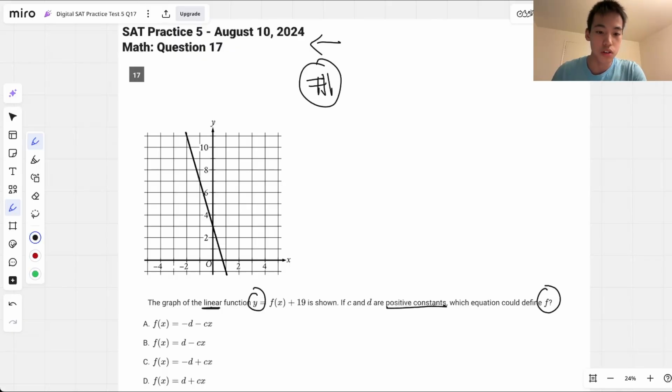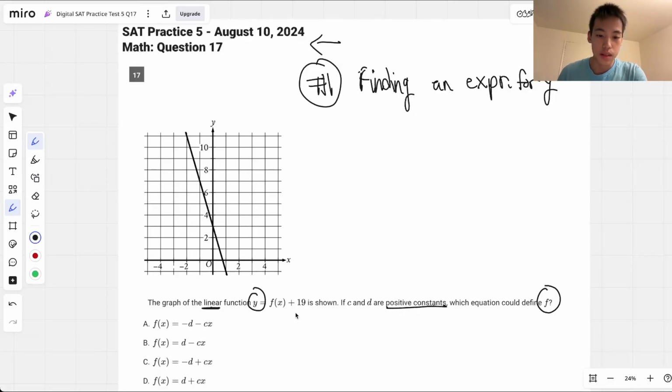Our first approach could be finding an expression for y. So I'll just write an expr for y. And why could that be useful?